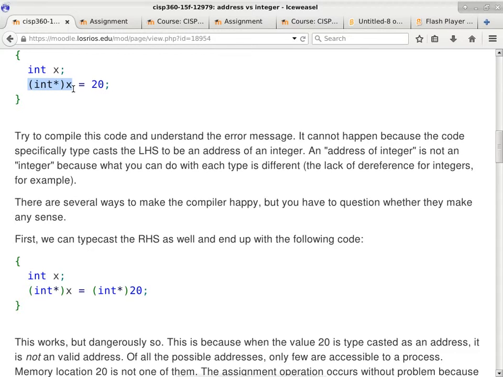Oh, no, I just mean at a technical level, is the reason it would cause a compile error because a typecast no longer has an implicit left-hand side value to return? It's simply because the types of the two sides do not match anymore. Okay. Yeah, because on one side you have an integer, on the other side you have an address of an integer, and those two types do not match. An integer must match an integer.